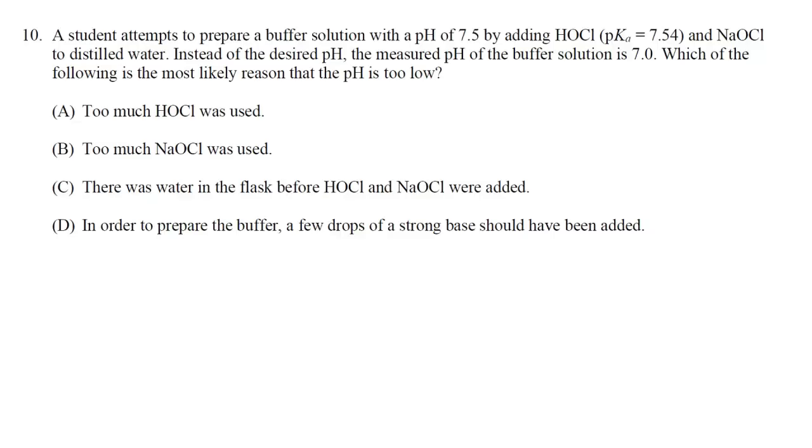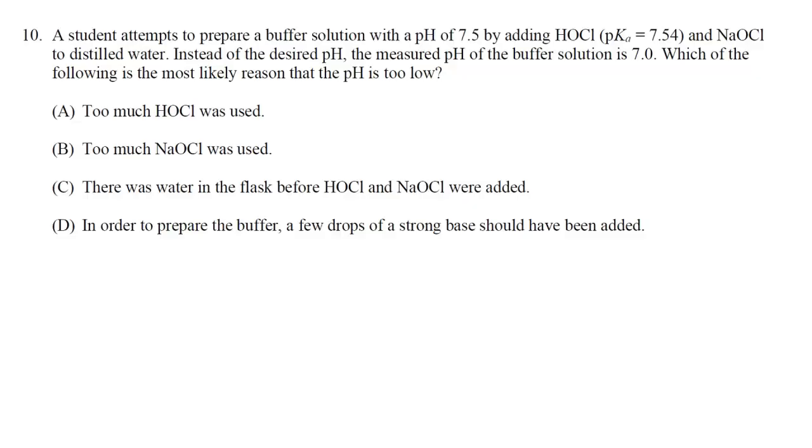In question 10, it says a student attempts to prepare a buffer solution with a pH of 7.5 by adding HOCl, which is hypochlorous acid, that's a weak acid, and NaOCl, that's sodium hypochlorite. The hypochlorite ion is the conjugate base of the weak acid. Now the pKa of this weak acid is 7.54.